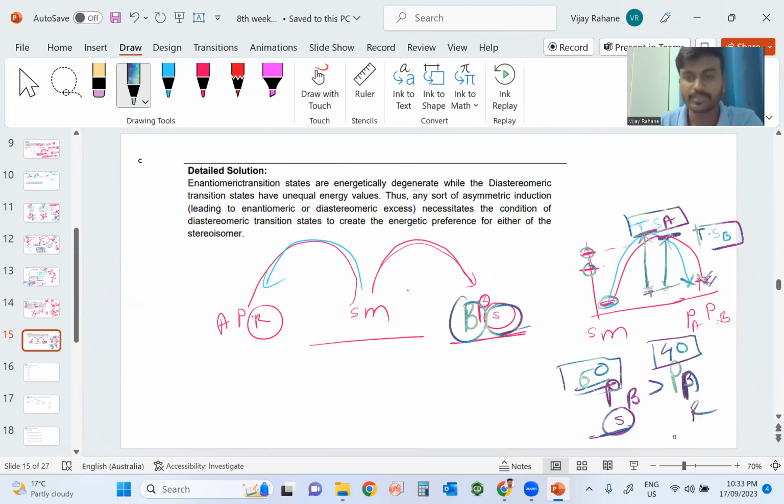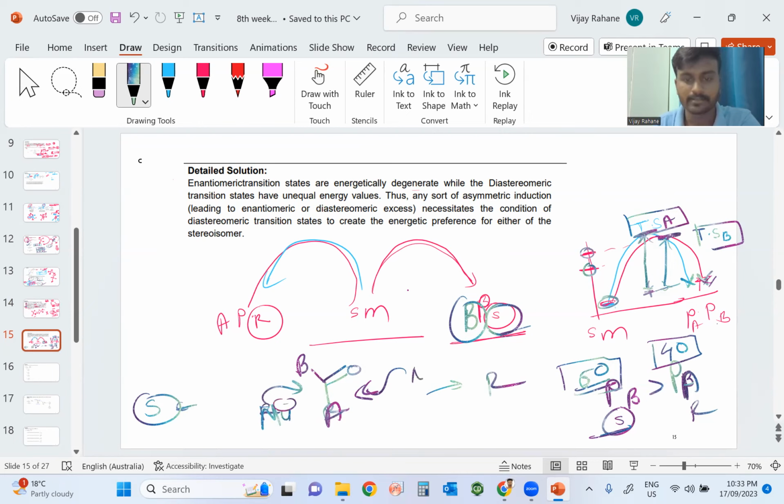So if you see in the case of enantiomers, how do they form? They generally form from, let me give the example here, R, and let's say here is a B group, here an A group. If anything attacks here, whether it attacks from this side, it will give one product, let's say R. If it attacks from this side, we get a product which is S. So I will give the example of a nucleophile here.